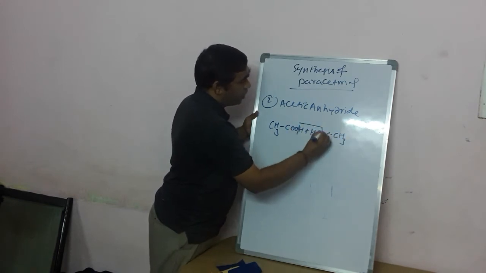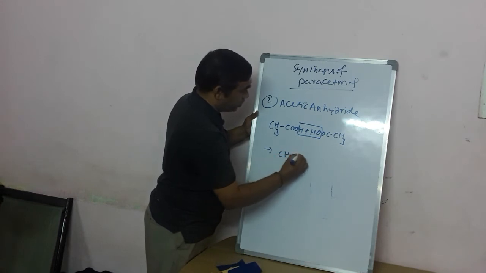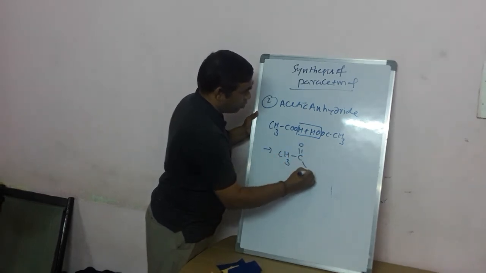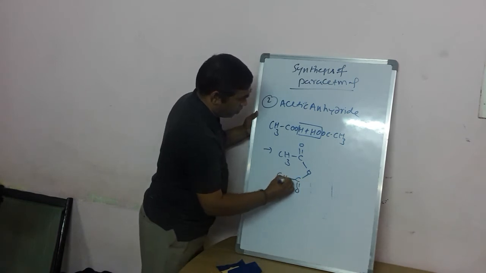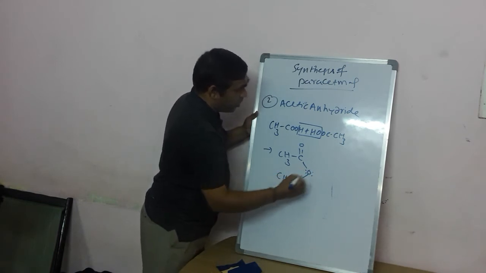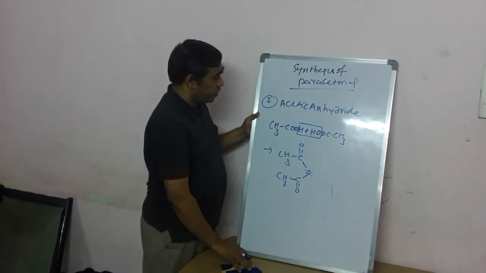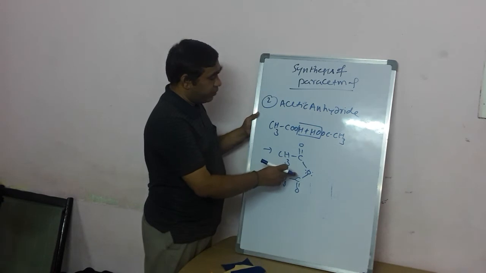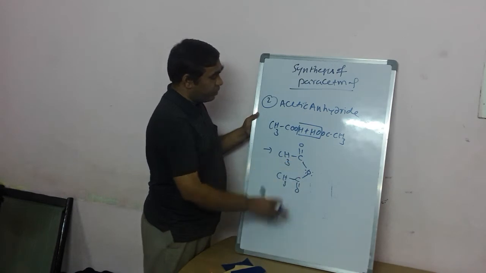Removing water gives acetic anhydride. In this synthesis, acetic anhydride acts as an acylating reagent. This is acetic anhydride. The middle oxygen is present, and the oxygen has lone pairs of electrons.